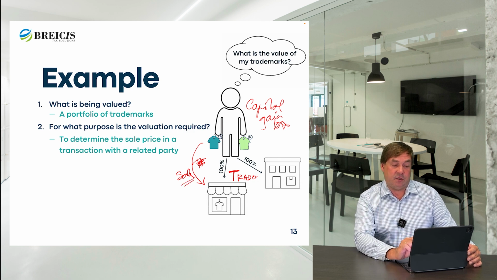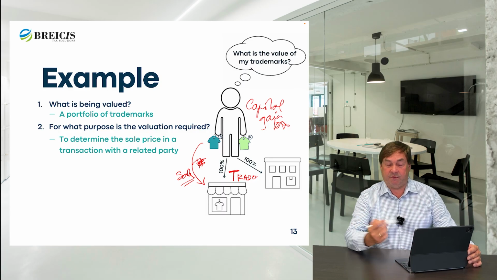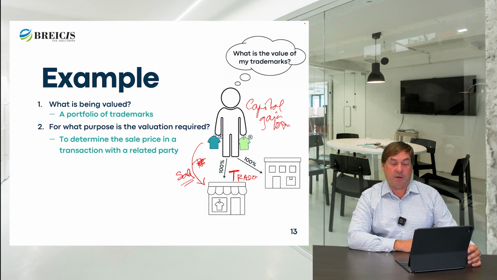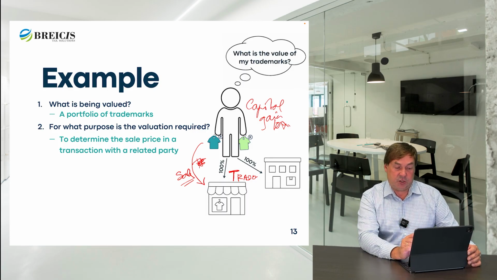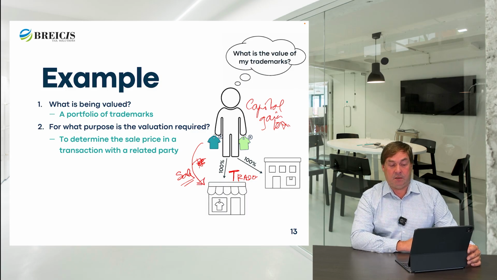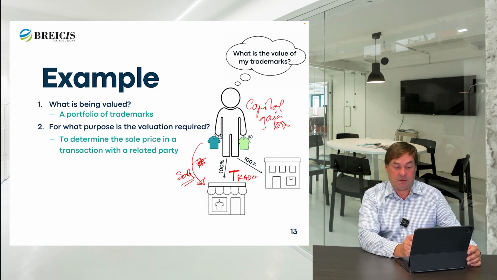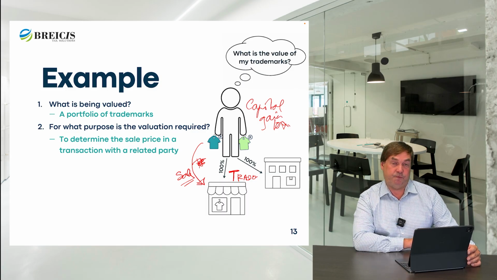Then the market value or fair value is lower, and the capital gains are lower than if the trademarks were sold later at a higher price. So at this stage, this person can sell the trademark to the trading company, and the trading company may use this trademark in order to sell the goods.